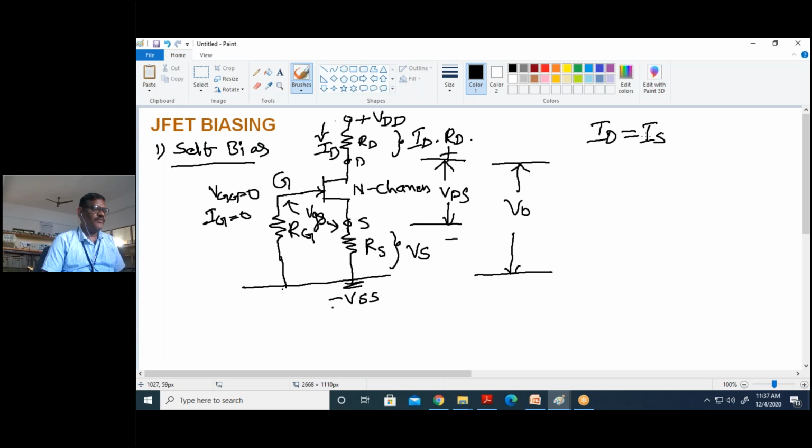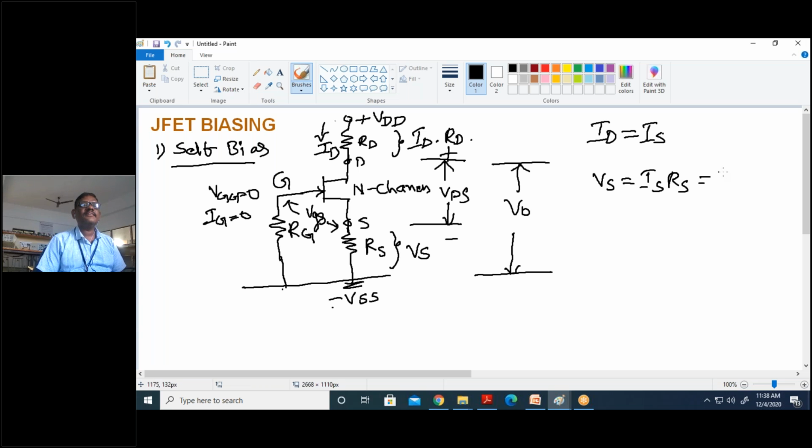Self bias circuit N channel JFET. When the drain voltage VDD is applied at the drain, current ID flows, in the absence of VGG equal to 0 volts. The voltage drop across the resistor RS is given by VS equal to IS into RS.